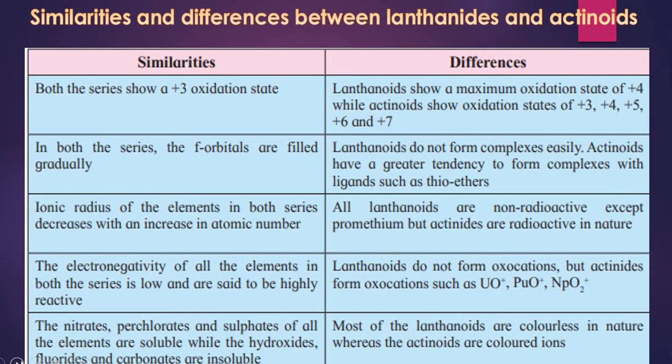All lanthanoids are not radioactive except promethium, but actinoids are radioactive in nature. Lanthanoids do not form oxocations, but actinoids form oxocations. Most of the lanthanoids are colorless, whereas actinoids are colored ions. These are the similarities and differences.